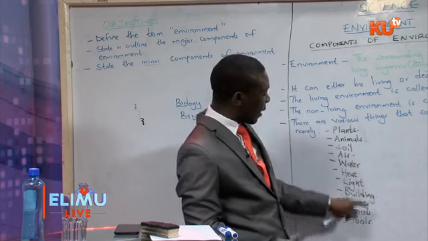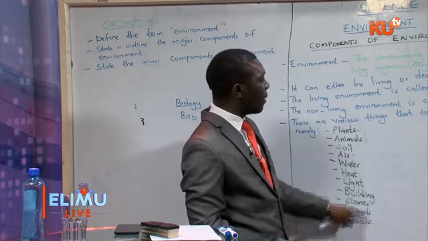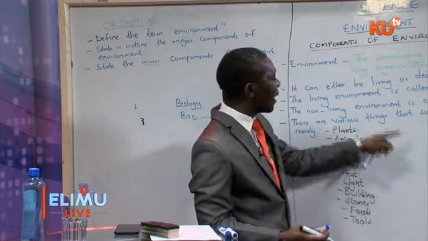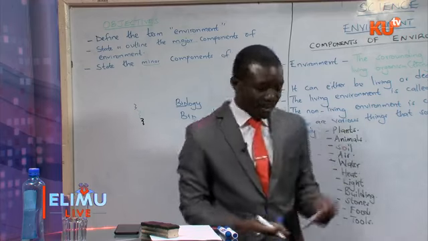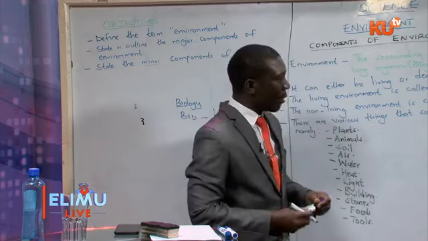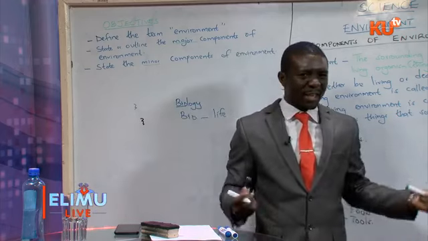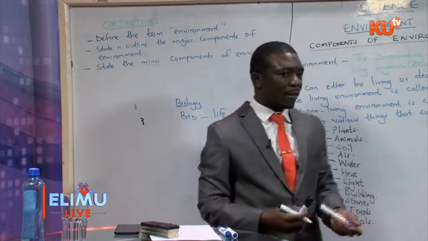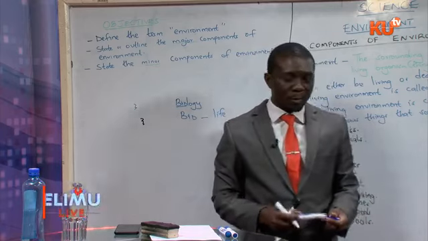So all these things here, and we have many of them, are what comprise the environment because they surround any living organism. So in an exam, they can ask you, the surrounding of a bacteria is known as what? You know that bacteria is a living thing because it helps in decomposition.